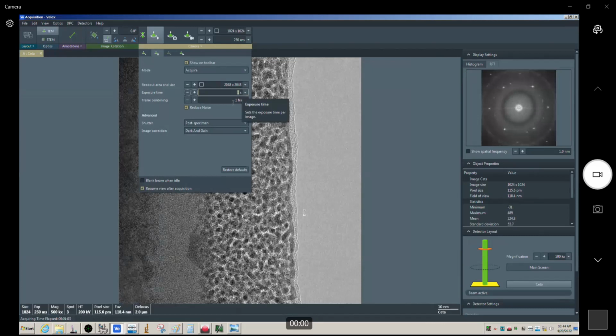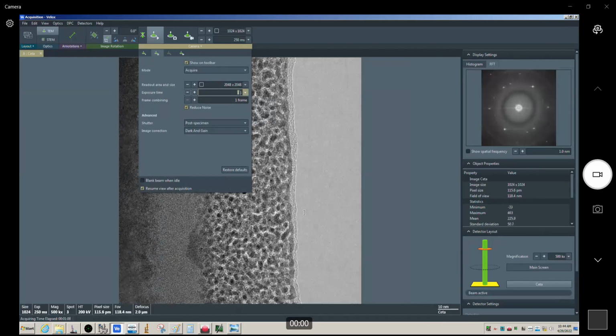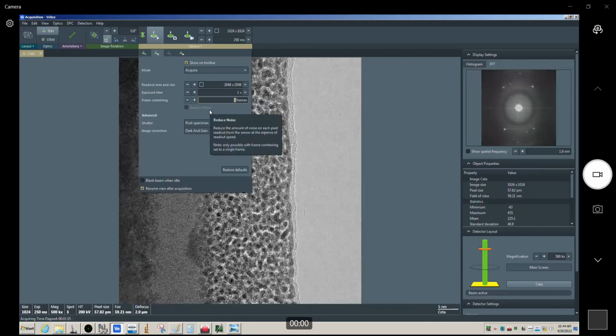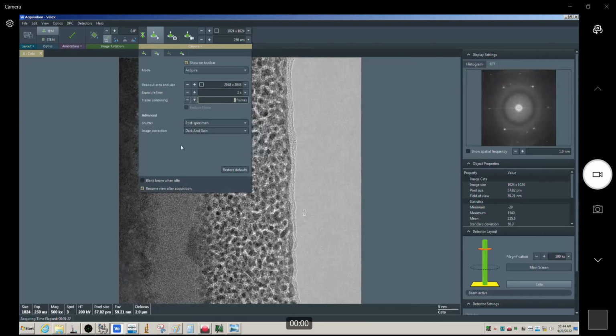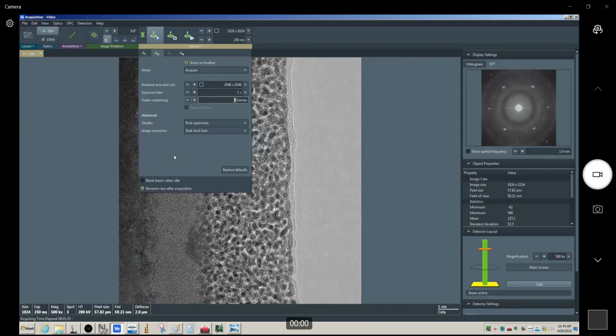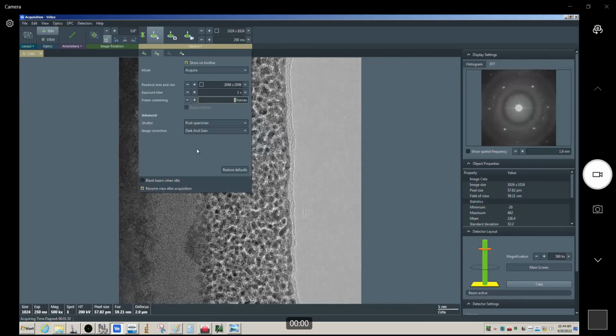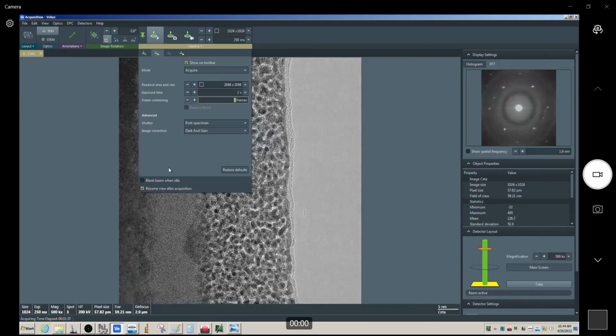What we can do instead is acquire over 1 second more than 1 frame. Let's say I change this to 5 frames. What this is doing then is subdividing this 1 second into 5 0.2 second intervals, and each of those is a frame, and then it's adding them together. So the net result will be like getting a 1 second, 1 frame exposure, but I'm doing it over 5 frames with a smaller exposure time.